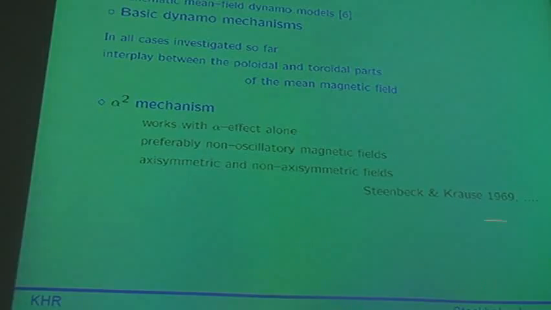The first model of this type was calculated by Steenbeck and Krause in 1969, and then I could add a long list of dynamo models which were investigated by other authors. Okay, this is the alpha squared mechanism.